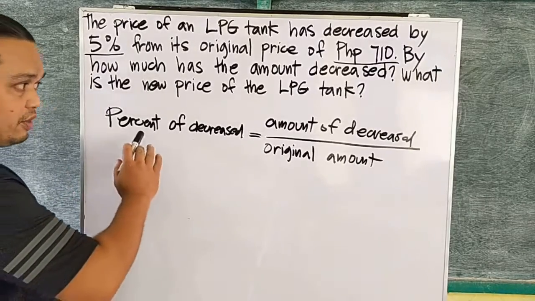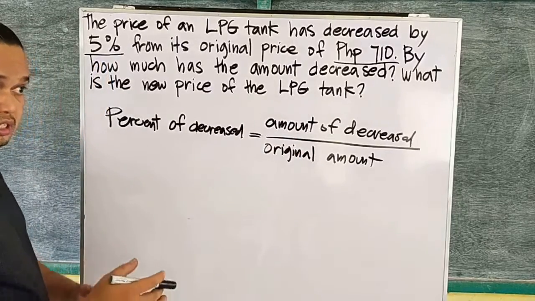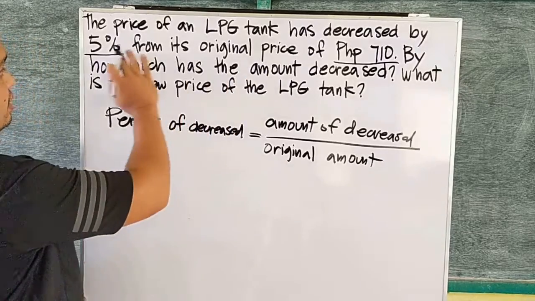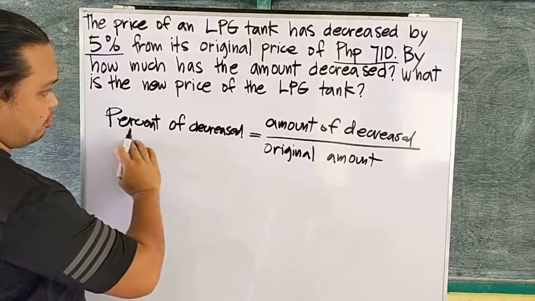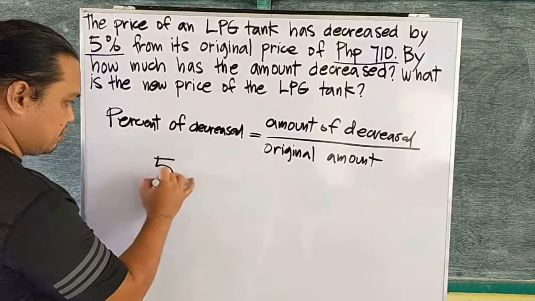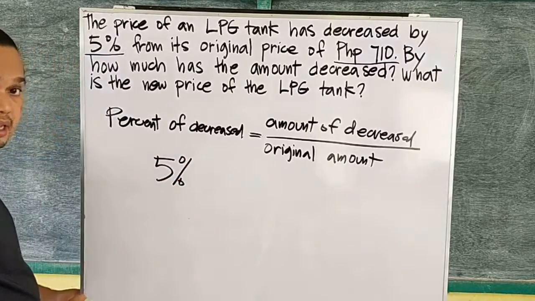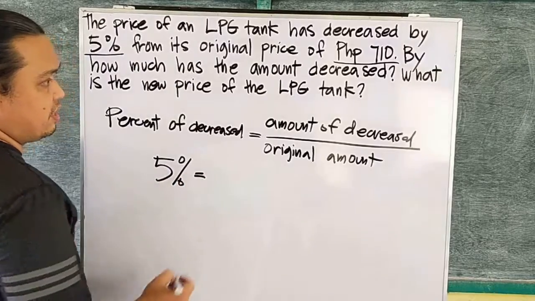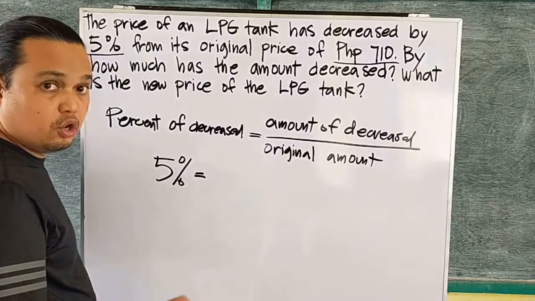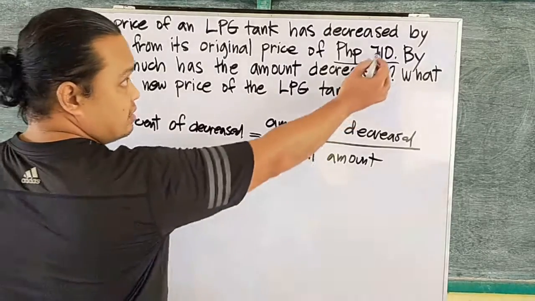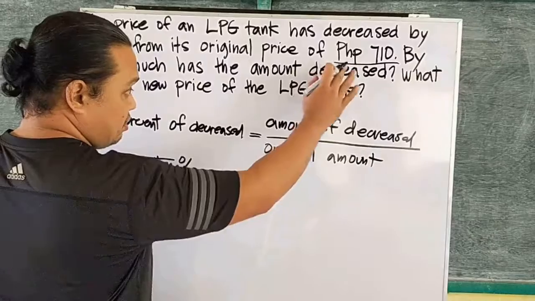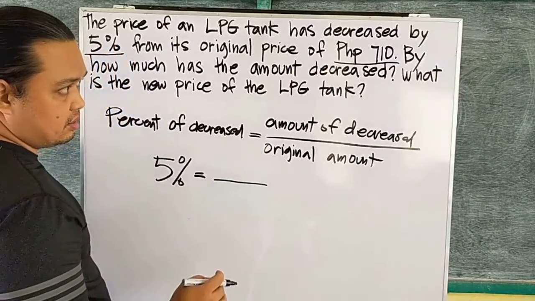So we have here the formula. Just substitute first the given. First we have 5%, and that is the percent of decrease. So let's substitute 5%. Next, given is the original price or the original amount, which is 710, and the original amount is in the denominator.